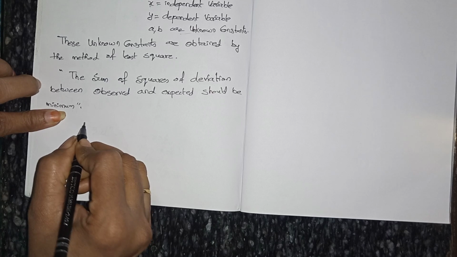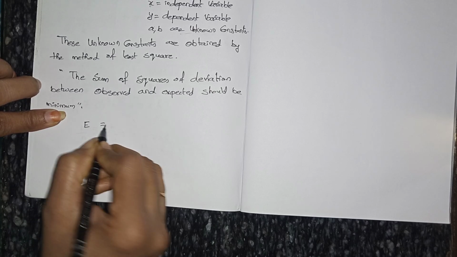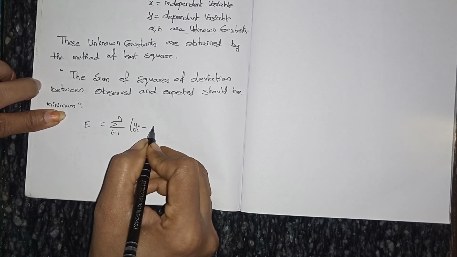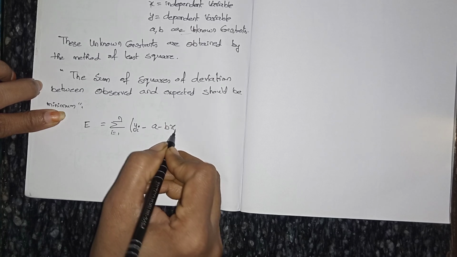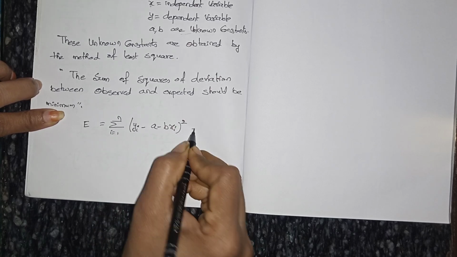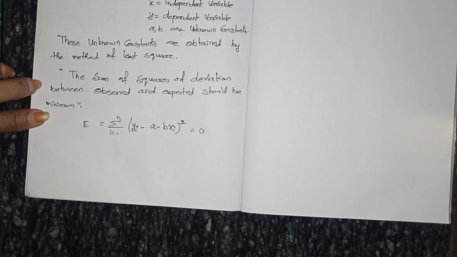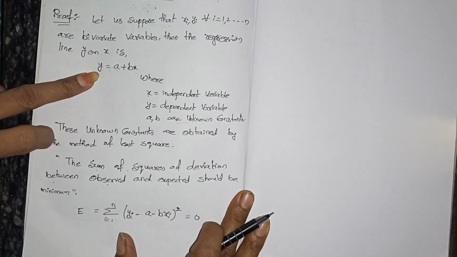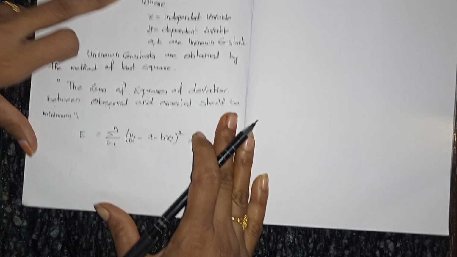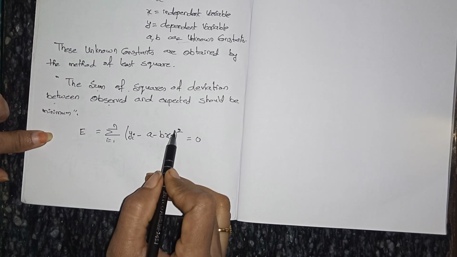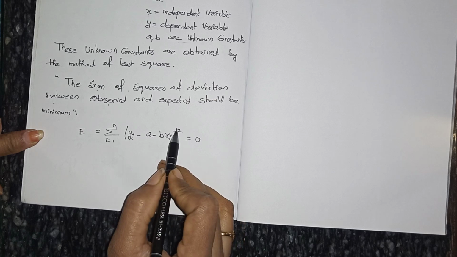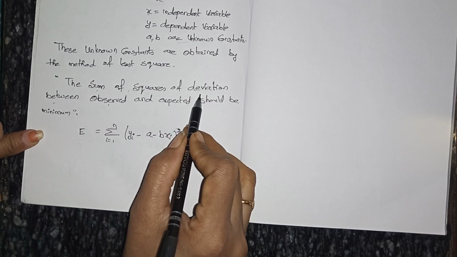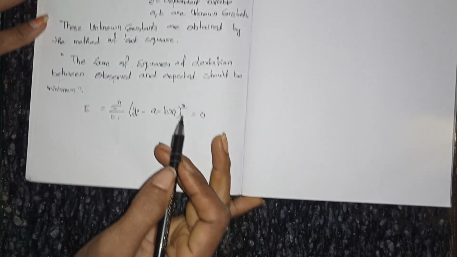That is E equals summation i equals 1 to n of (yi minus a minus bxi) whole square. Here the observed value is yi and the expected value is a plus bxi. Sum means summation, square means square, deviation means subtraction.